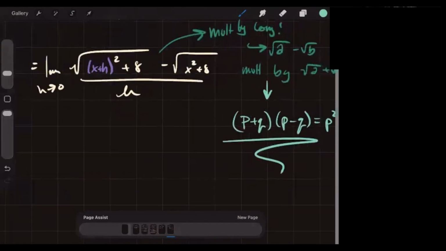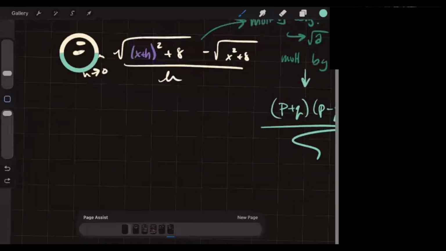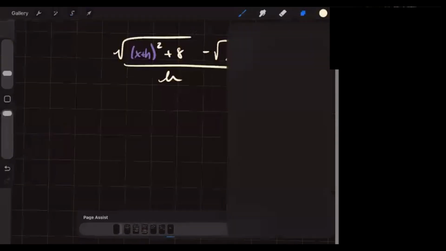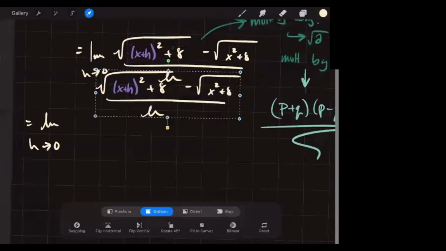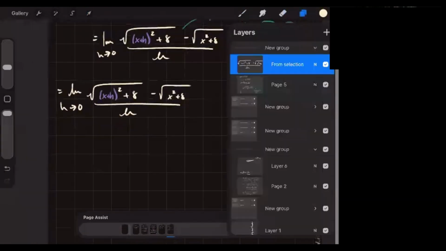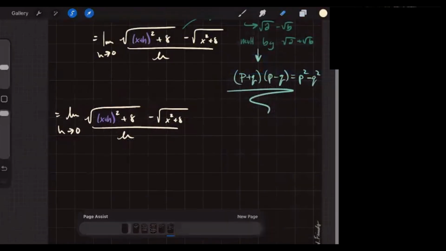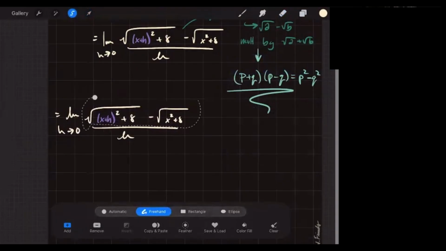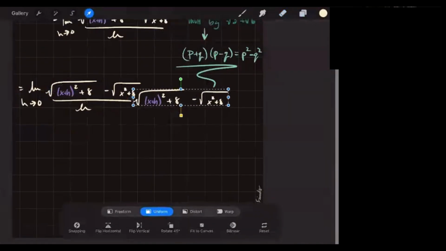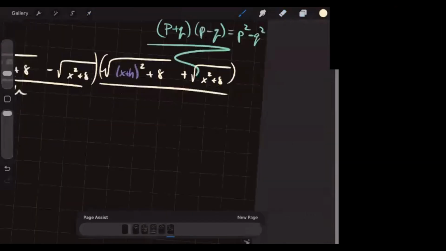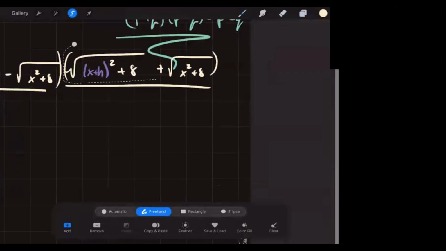And so what I actually know is that if I multiply this by the conjugate, right? If I take the limit as h approaches 0 of this guy, and then I multiply it by its conjugate on top and on the bottom as so.